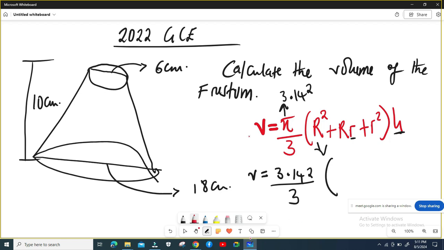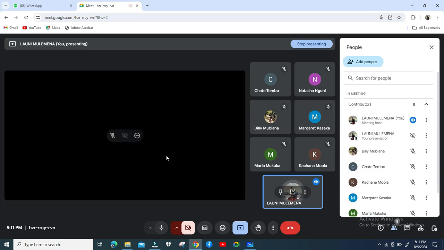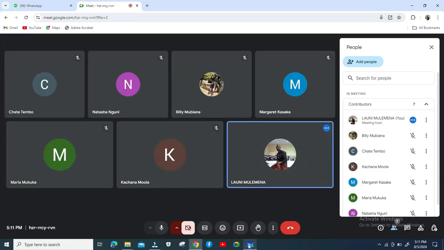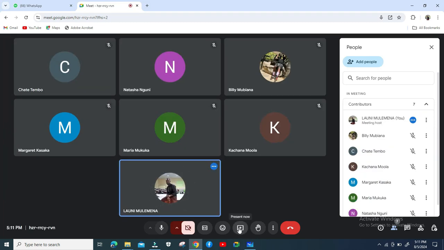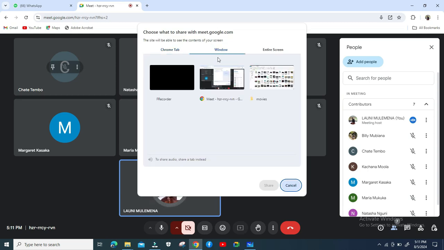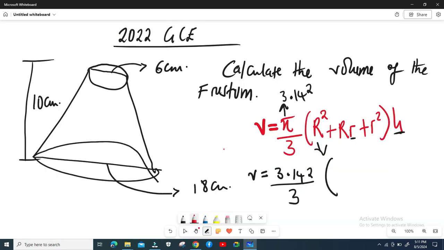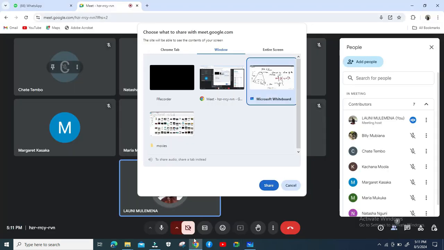It's 18 centimeters. Okay, 18 centimeters. From the response from Madam Grace, let me clarify something here. A circle has two things: a diameter and a radius.